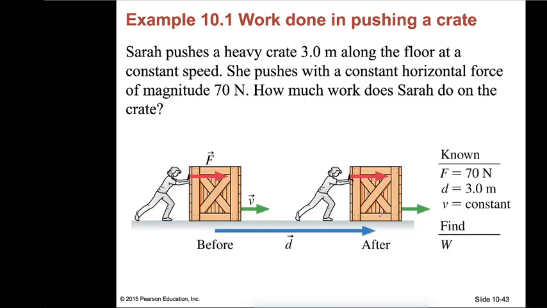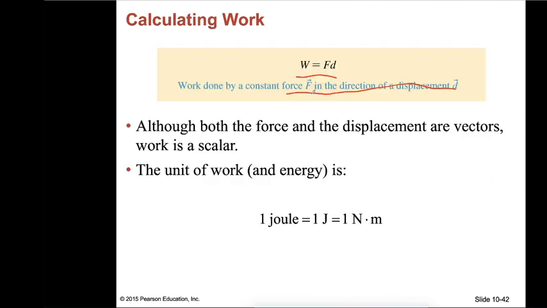Now let's see one example here. Sarah pushes a heavy crate 3.0 meters along the floor at constant speed. She pushes with a constant horizontal force of magnitude 70 newtons. How much work has she done on the crate? Calculating work is very easy.